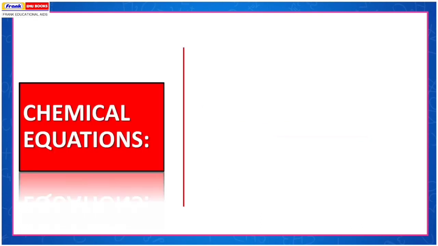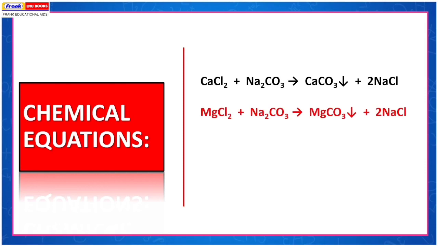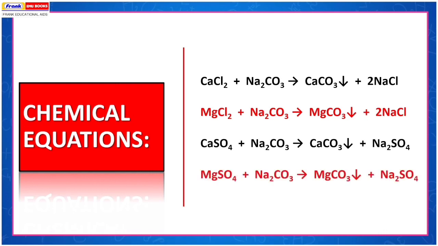Chemical equations involved here are: CaCl2 plus Na2CO3 gives CaCO3, which precipitates down, and 2NaCl. MgCl2 plus Na2CO3 gives MgCO3 plus 2NaCl. CaSO4 plus Na2CO3 gives CaCO3 plus Na2SO4. MgSO4 plus Na2CO3 gives MgCO3 plus Na2SO4.